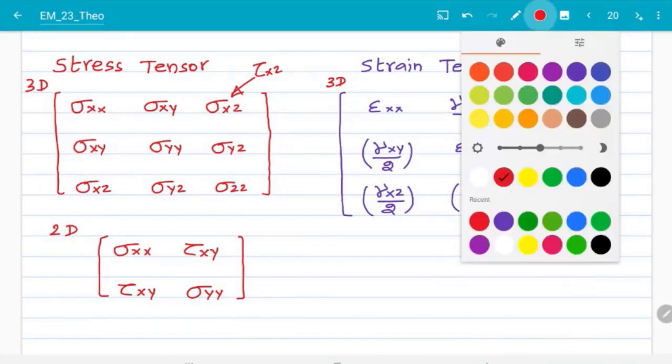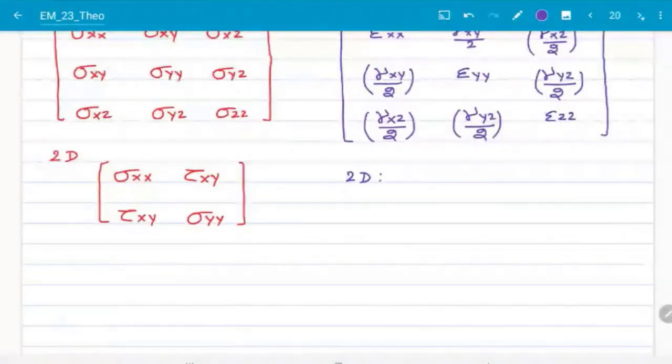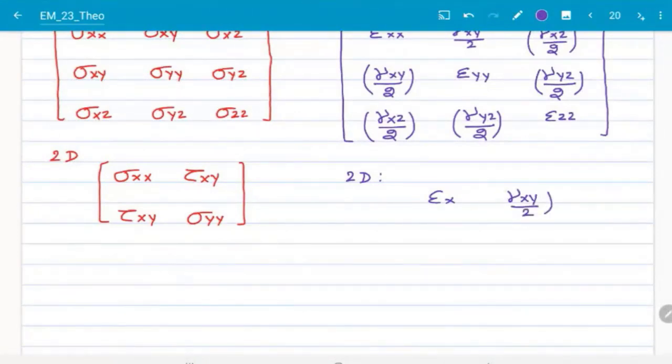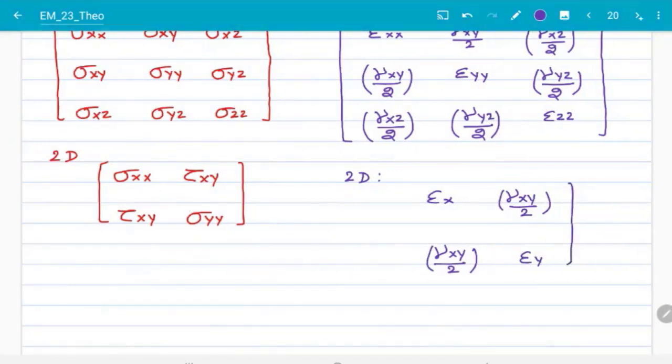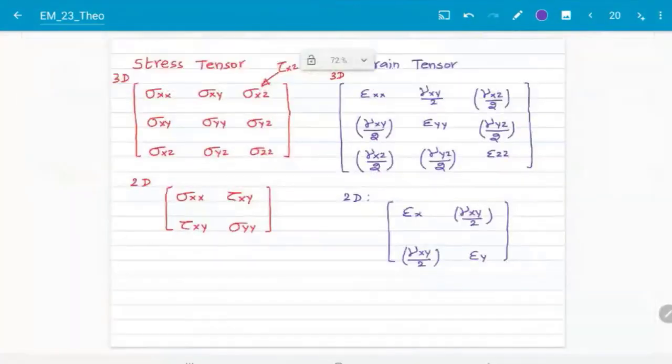Then regarding the 2D strain, epsilon x, gamma xy by 2, gamma xy by 2, epsilon y. It's a 2D strain tensor, right?